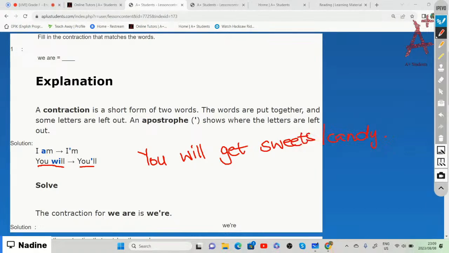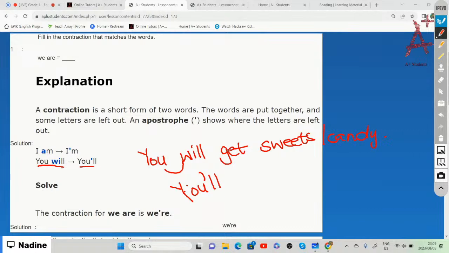So you will, that is the two words. And the short form of these two words is you'll. We put our apostrophe over there to show that there are letters missing, and the letters missing over there are the W and the I. Now we put our apostrophe over there. So we basically show where the letters are left out by putting the apostrophe there.